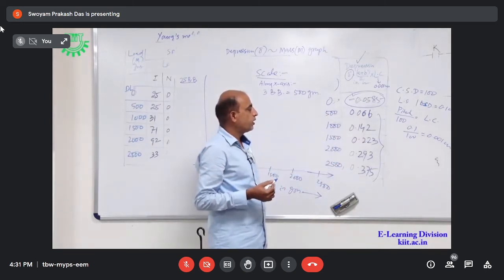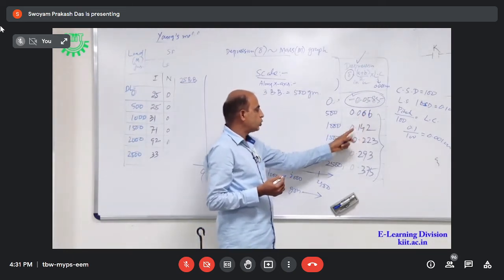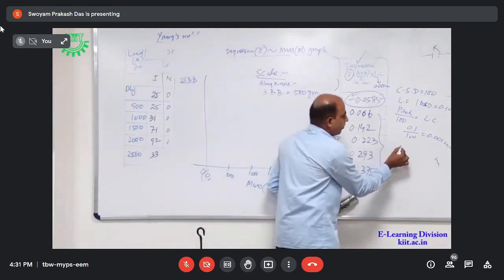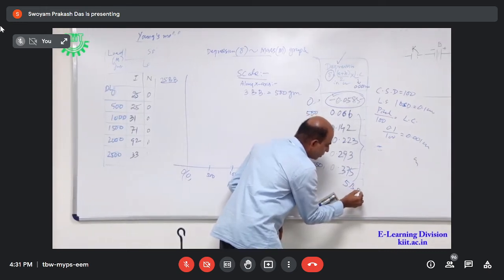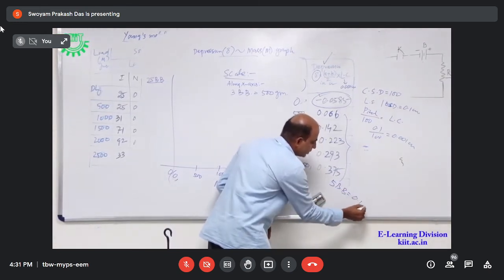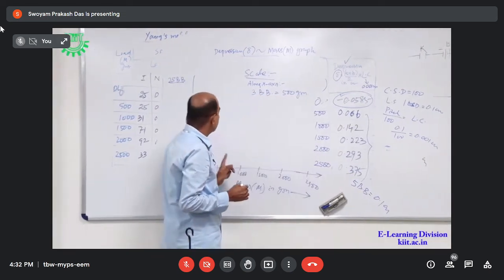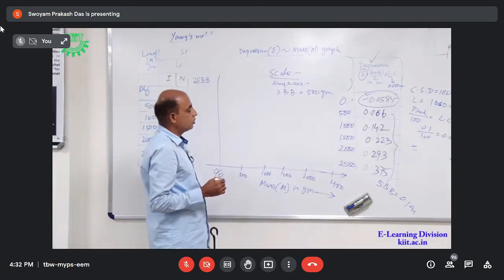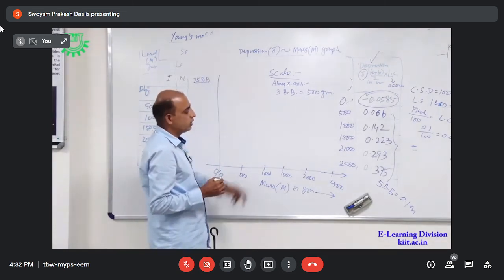So if we take along the y-axis 0.1 as 5 big boxes, then it will cover up to 0.4, because there are 25 big boxes.